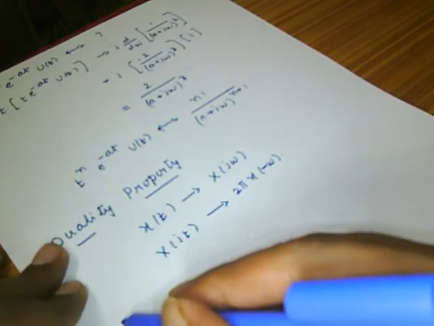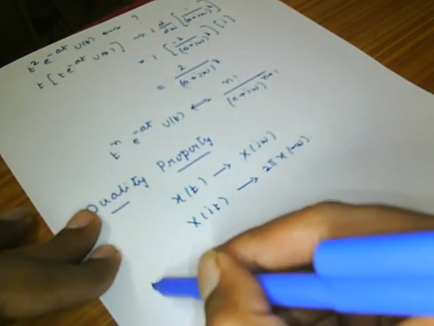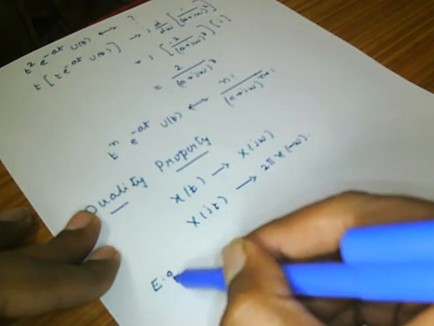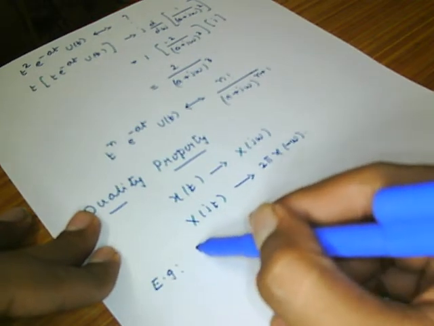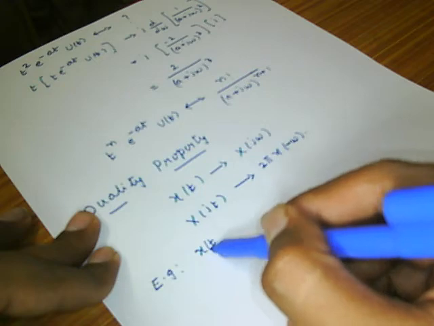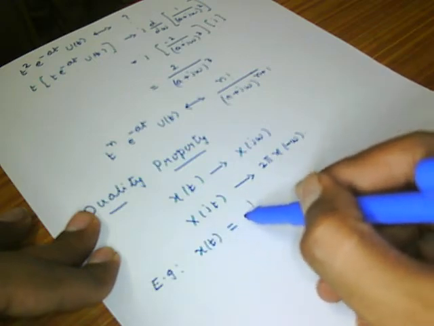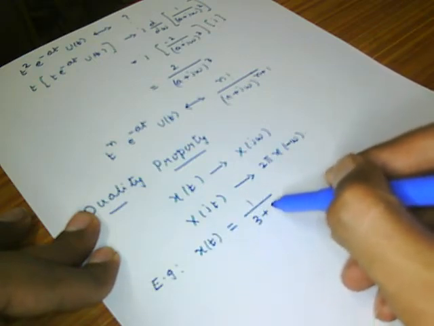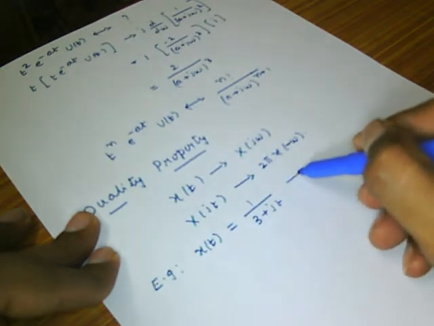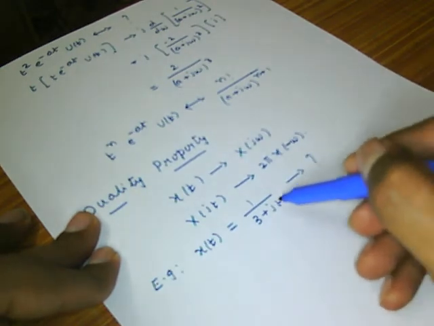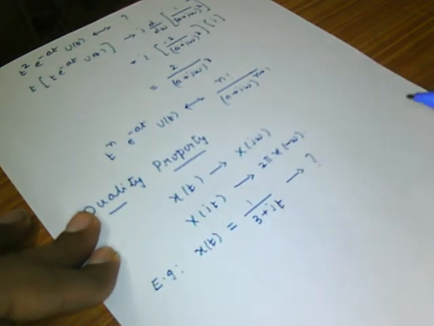For example, if I want to find the Fourier transform of x of t equal to 1 by (3 plus jt). Okay, so I am interested in finding the Fourier transform of 1 by (3 plus jt). Where should we start?